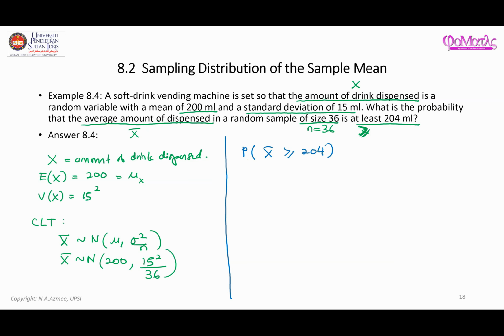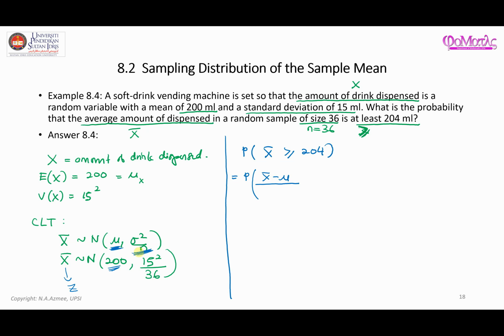In order to answer this, I need to convert x bar into a z-score so that I can use the standard normal distribution table to find the probability. So I need to have x bar minus the mean, which is 200. I'm just going to write the formula first: we minus mu, and then divide by the standard deviation.